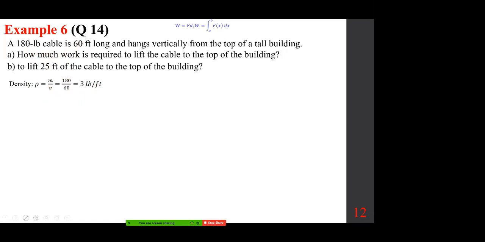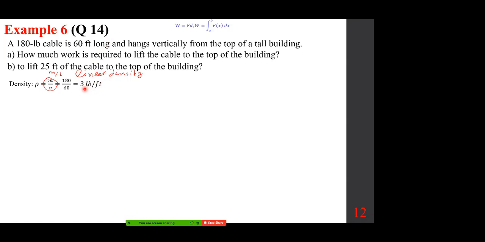However, I want you to pay attention to the fact that this is really being changed to m over L as a linear density, meaning what? Every foot of this cable is how many pounds? 3 pounds.